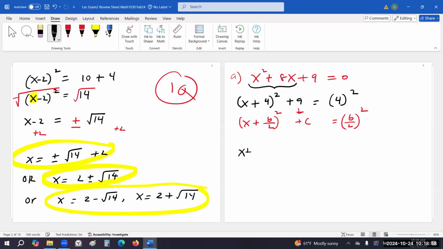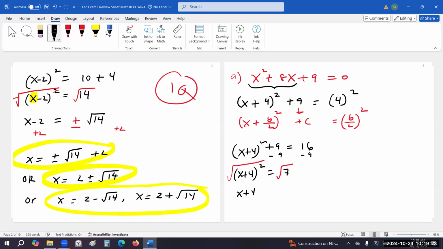So x plus 4 square plus 9 equals 16. We subtract 9, that gives us x plus 4 square. What is 16 minus 9? 7. And then to get the x alone, square root.